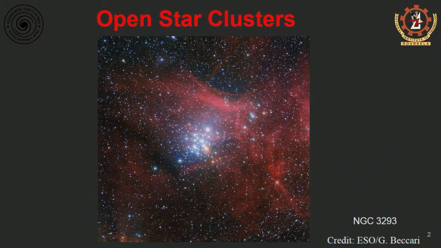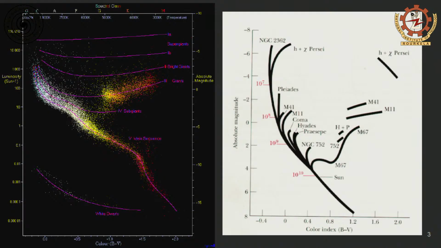So that is the mass distribution, and this mass distribution actually helps us to understand the star cluster and star formation. As you see on the left side of the HR diagram, these stars having different masses fall in the different segments of the main sequence of the HR diagram.